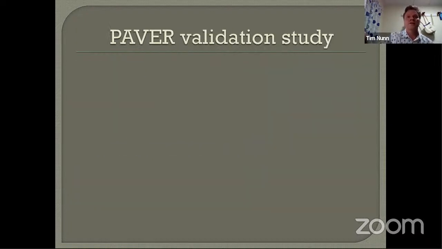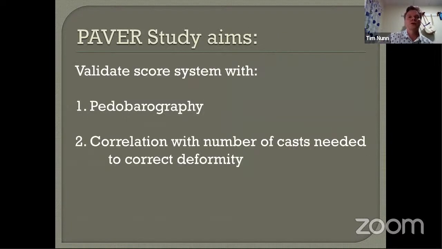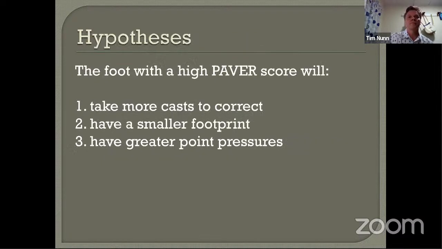So we did a validation study on this to look at whether the score was valid in terms of, did it correlate with the number of casts needed to correct the deformity and with pedobarography. Our hypothesis was that it would take more casts to correct a higher PAVA score, and those with higher PAVA scores would have smaller footprints and greater pressure points.